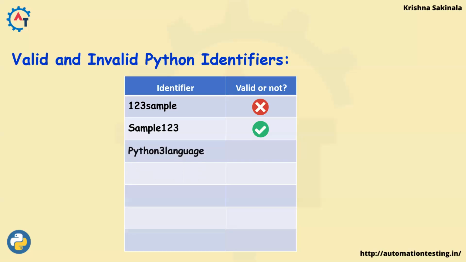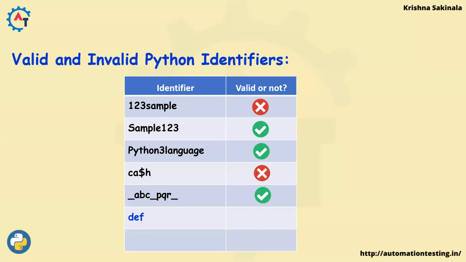Next, cash with a dollar symbol. We should not use the dollar symbol, but here I'm using it, so it's not valid. _abc_pqr starts with an underscore, and an identifier can start with an underscore, so it is valid. For def, I have given a separate color.